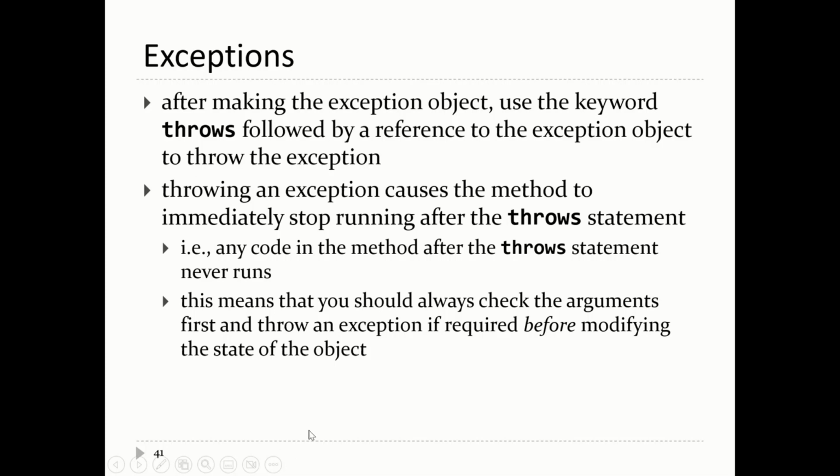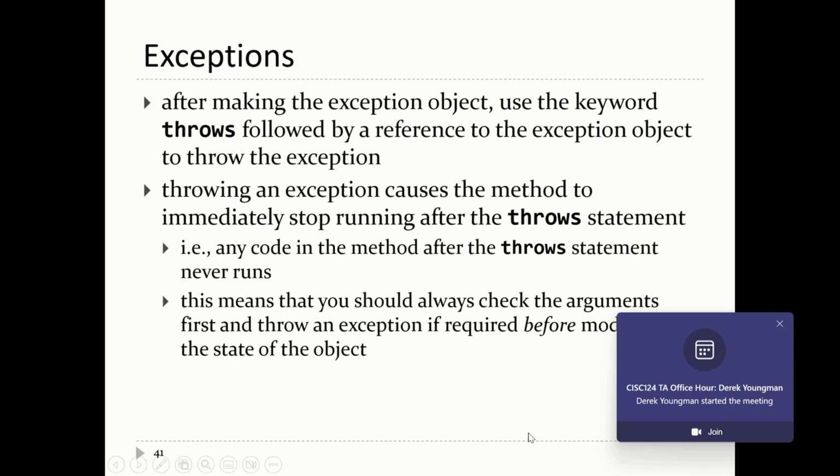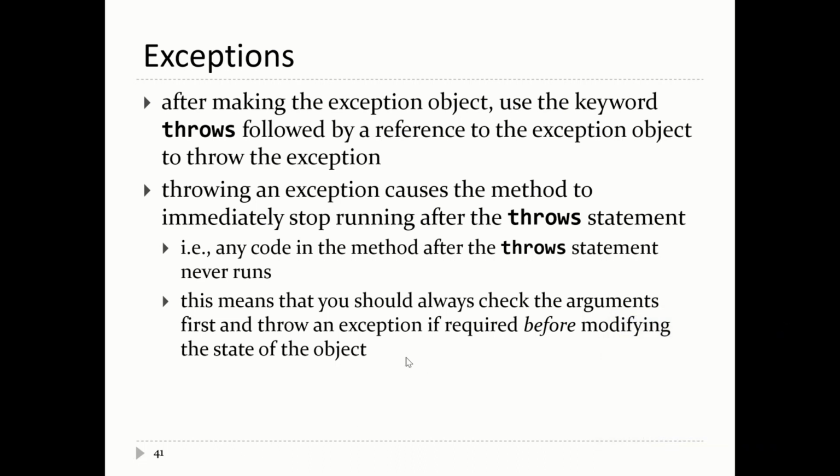Okay, so this just explains what happens when you throw an exception. Your code stops running immediately after the exception is thrown, and then that exception propagates down the chain of methods that resulted in the method that threw the exception being called.